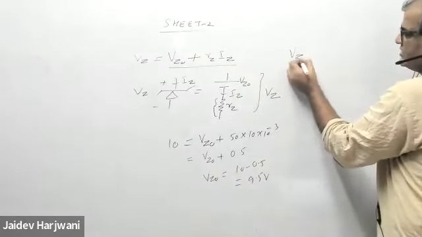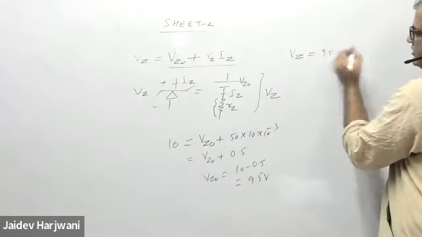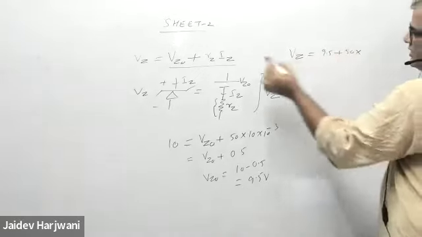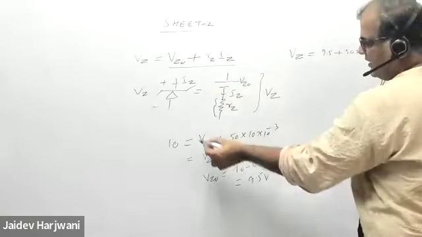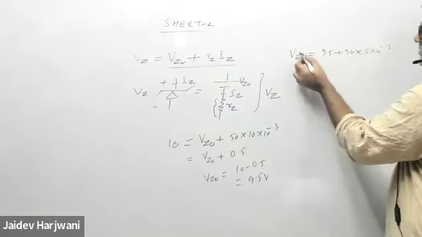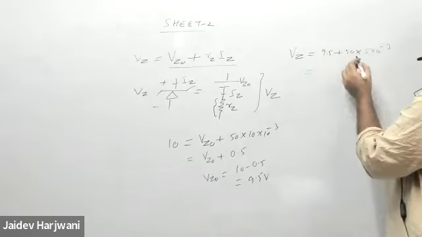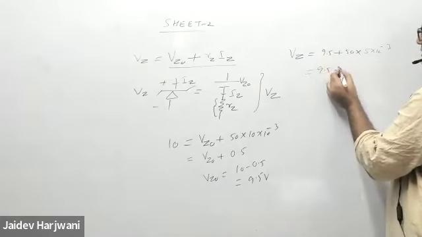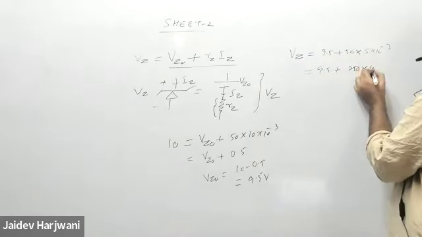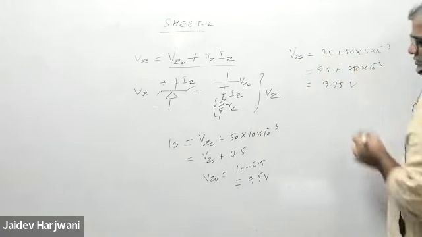So VZ0 is fixed, I know it is 9.5 volt. Resistance is fixed now, 50 ohm. Now current is half. Earlier it was 10 milliampere, now make it 5 milliamps. So what will be the new voltage drop across the Zener diode? This is 250 into 10 to the power minus 3, so this will be 9.75 volt.